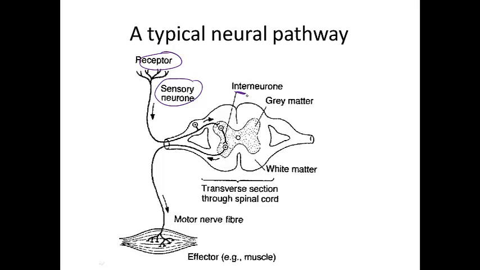Inter just means between, so you can think of this like a neuron between other neurons. Okay, and this is in the central nervous system. And then from the interneuron, we have the signal conducted along a motor neuron to effector cells.